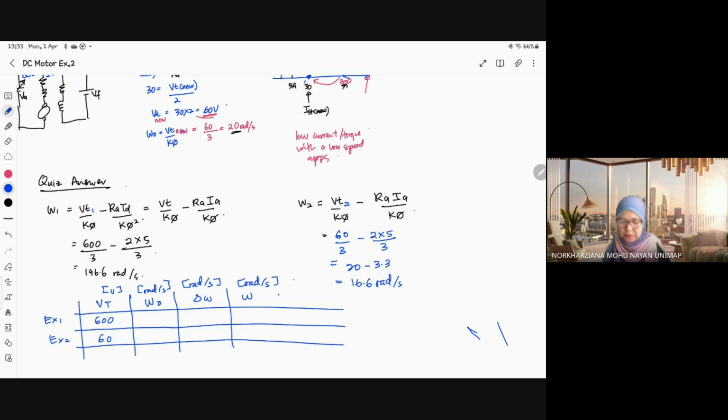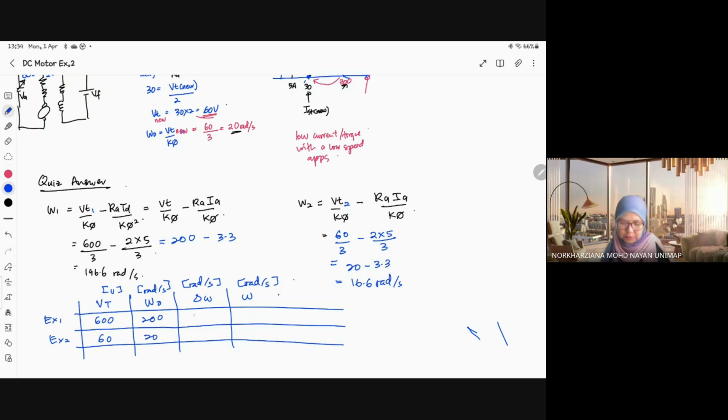Initial speed, that one I don't count. So this is 600, 200, minus 3.3. So example 1, 200. Example 2, 20.